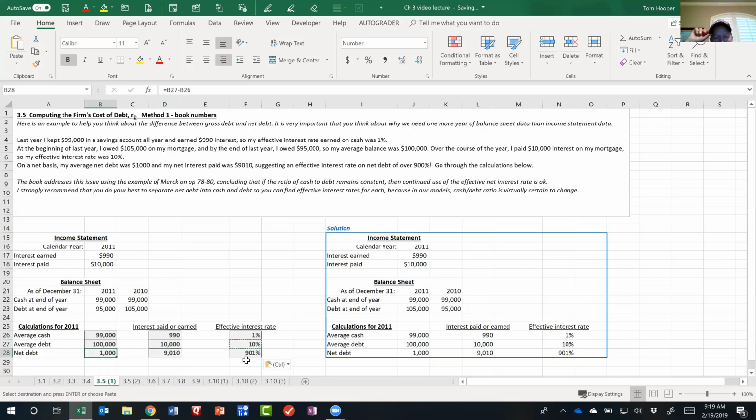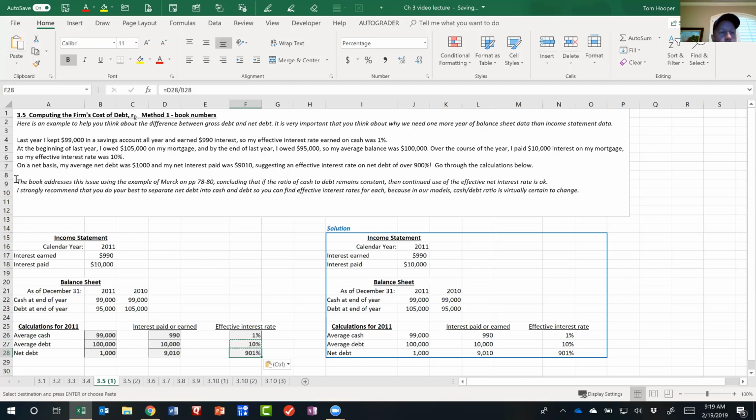So I think in my example in class, it was 400%. But here, where you can refer to this after class, in my example, it's about 900%. And so you see that this method of using just nets can be misleading.